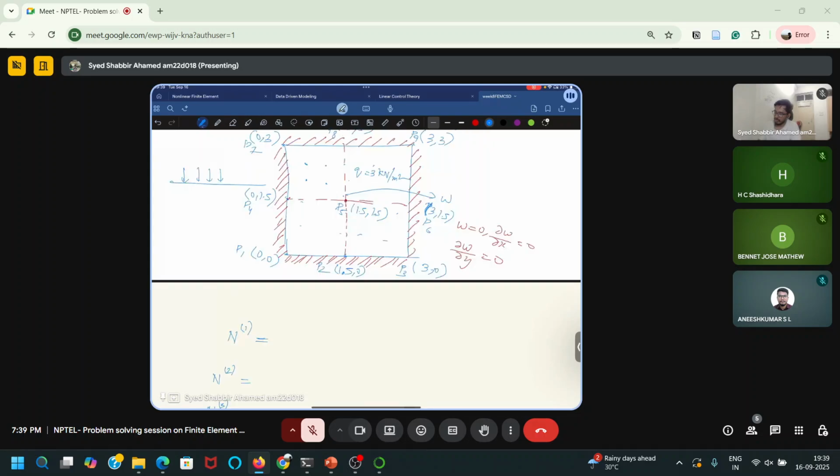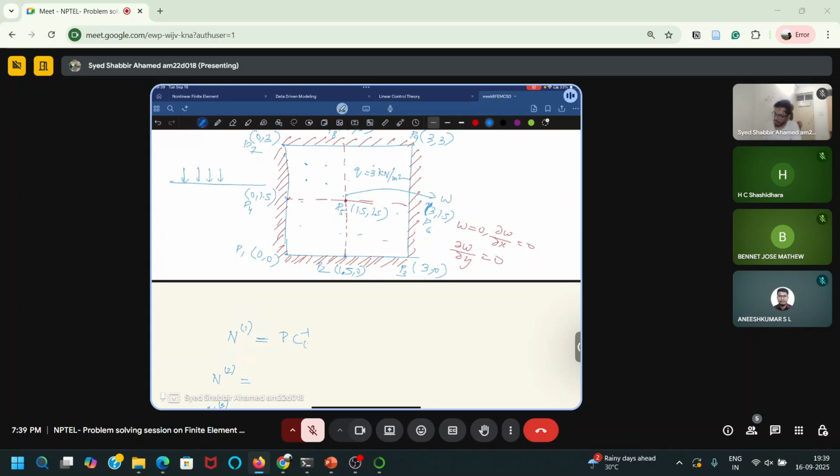I know the 4 node coordinates for each element. The coordinates are there, so the coordinate matrix is known, which is C. I know P and C inverse, and I know WE. So if I do P into C inverse, I'll get the shape function.